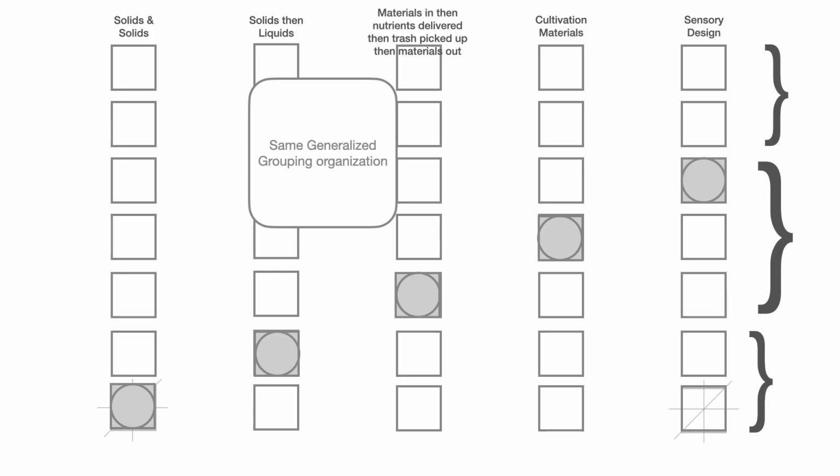All right, so we're going to apply the same generalized groupings. This is definitely as it regards functionality because we work with the template, and it's going to loosen up the systematic functionality.